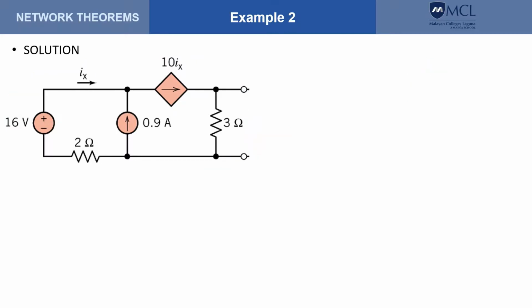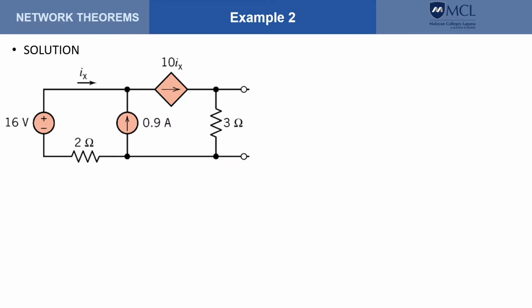To get RTH, since the circuit contains a dependent current source, we would expect that case 1 cannot be used in finding RTH. So we are left with case 2 and case 3. But here, let me use case 3.